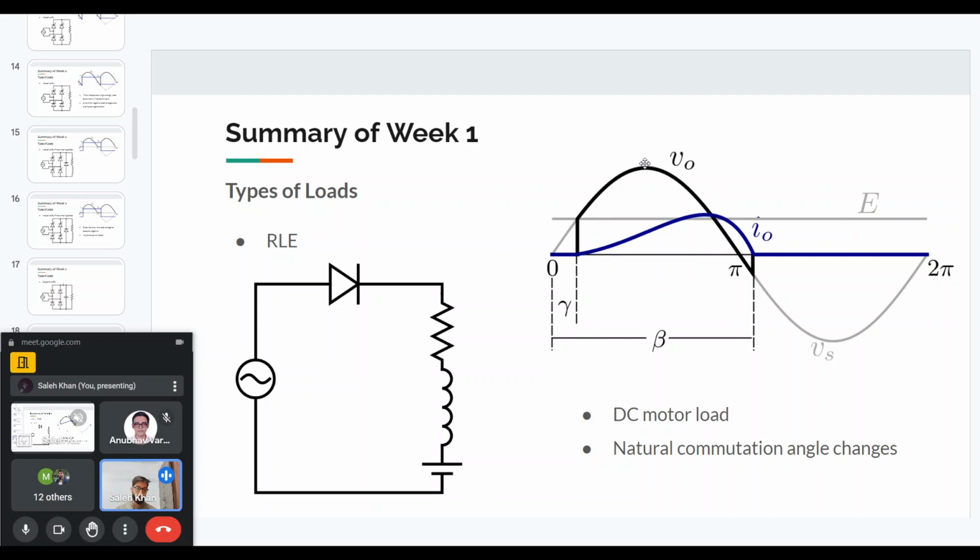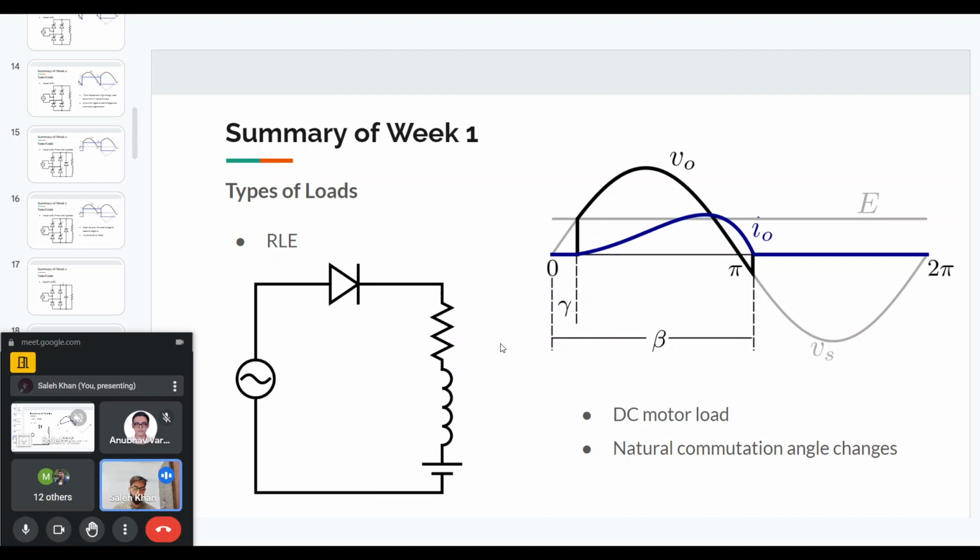Once we have the average output voltage, the average output current will basically be the average output voltage divided by the resistance, because the inductance will not show any impedance to a DC voltage. But because of the E voltage, it will be subtracted from the average output voltage.